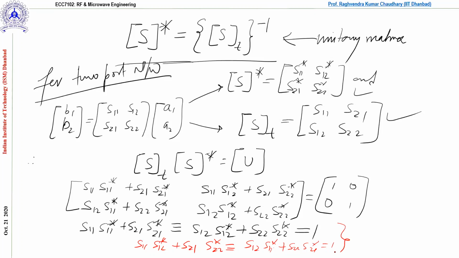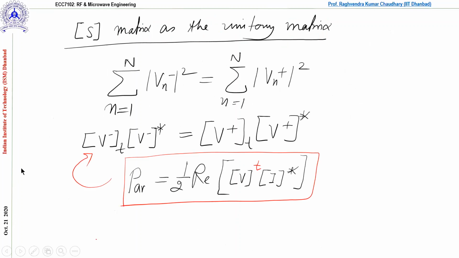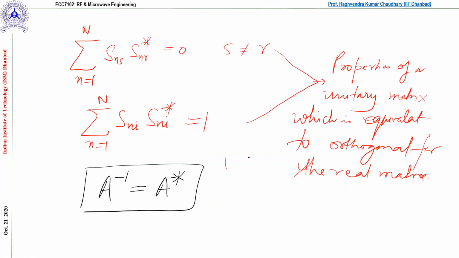What is this? Now if you recall, from the property of the unitary matrix, we proved our initial statement. Remember these things, correct? These results told you about the lossless junction, and that is why we have the power conservation law, particularly for a lossless junction.